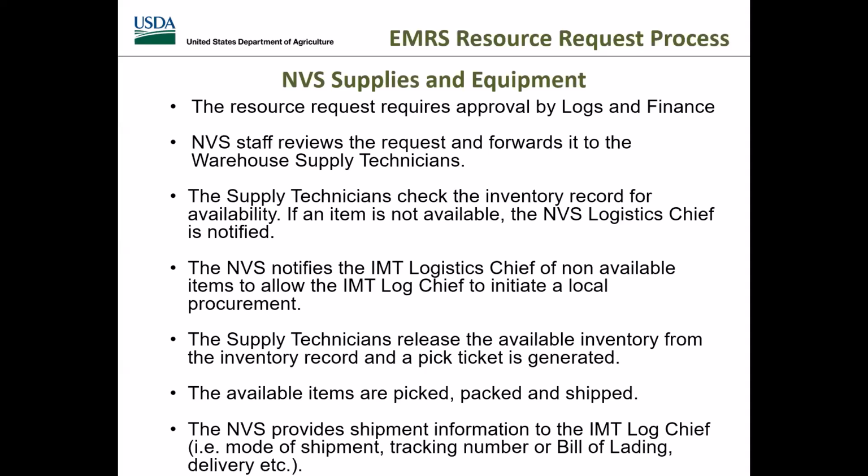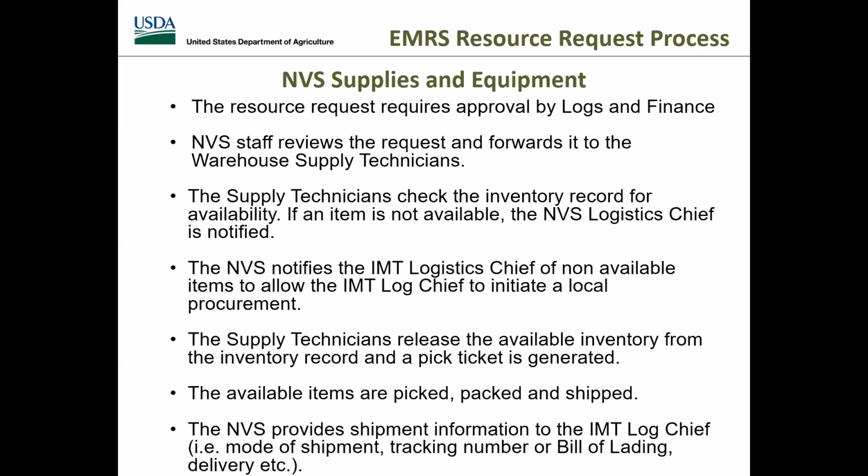So the NVS staff is going to review the request, and it's going to forward it to one of our warehouse supply technicians. And the supply technicians, they're going to check for availability. They're going to notify the log chief if there is a problem with availability. And then in many cases, we would look into a local procurement.